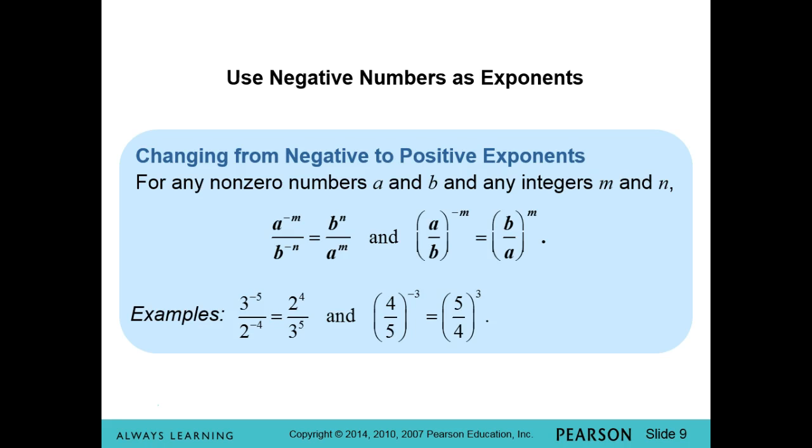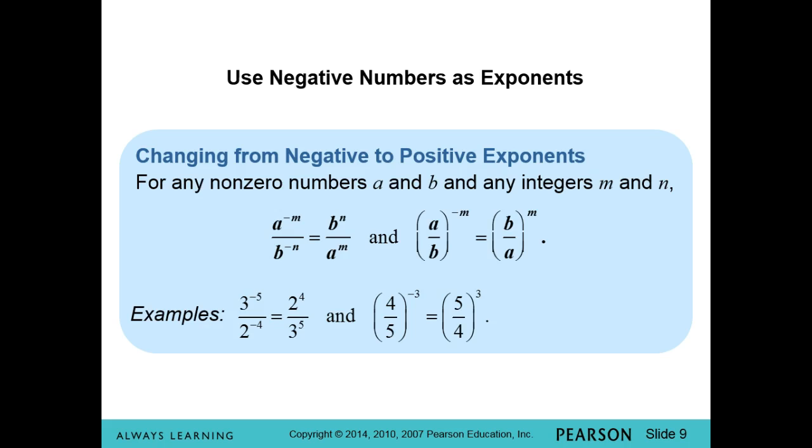Okay? Now, how about this one? X to the minus 5 over 2 to the minus 4. Now, what do you mean by that? You can do that only if you have the same bases. These are not the same bases. So what does that become? The minus exponent here sends it downstairs.